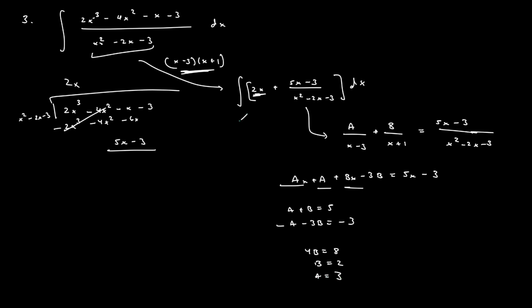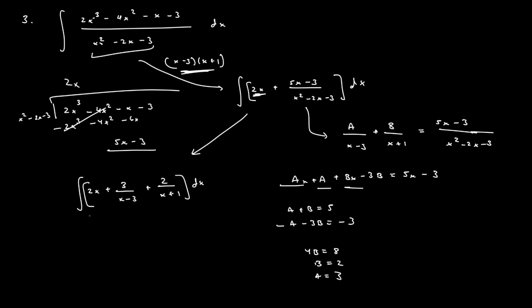And so finally, our integral looks like the integral of 2x + 3 divided by (x - 3) + 2 divided by (x + 1) dx.